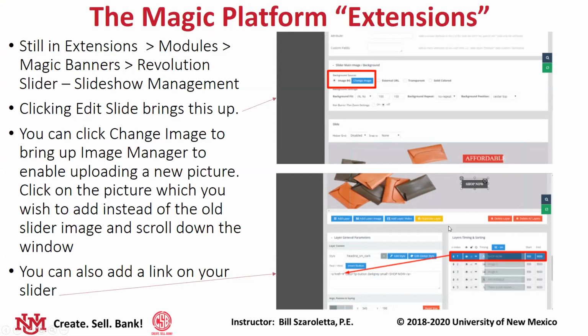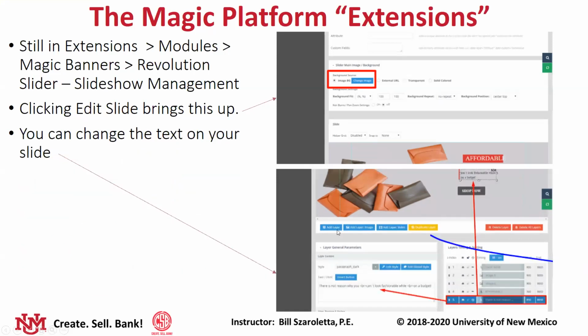You can bring up the image manager, which gives you dozens and dozens of options. And you can see it down here what you can do. And you can change the text on your slide to anything that you want that's appropriate.